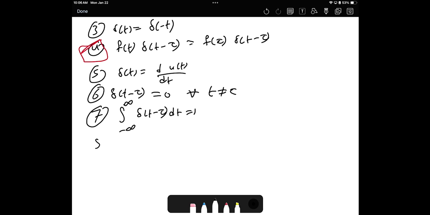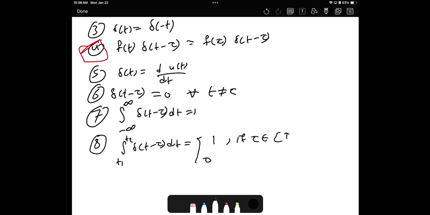Then property number 8: the integral between t1 and t2 of delta of t minus tau dt can be either 1 or 0 depending on the boundary. If tau belongs to the period between the boundaries t1 and t2, then it will be 1. If tau does not belong to t1, t2, then it will be 0.